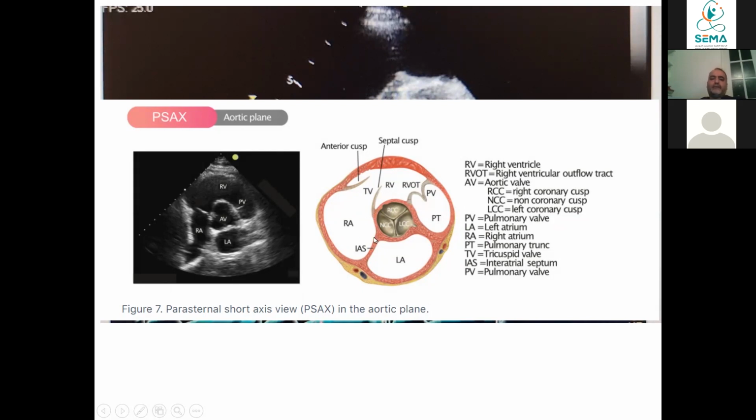So you have the three cusps of the aortic valve: right, left, and non-coronary cusp. Then you will have the pulmonary valve, right ventricular outflow, the pulmonary trunk and its bifurcation, the right and left atrium, and also the tricuspid valve. All this, as you can see, in short axis.